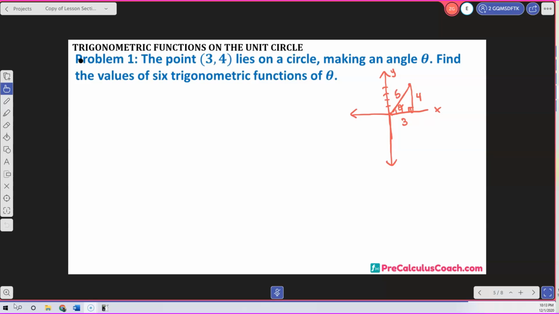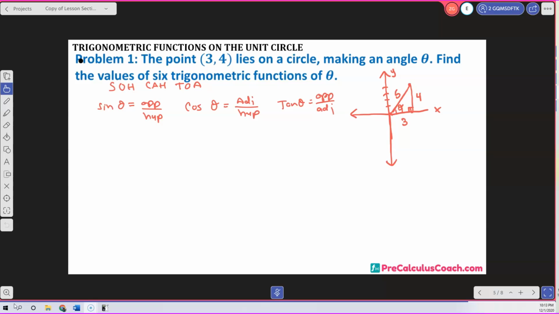So now we're going to find the 6 trig functions. In this case, we have sine of theta. And remember the mnemonic statement that I asked you to memorize: SOH CAH TOA. Sine is opposite over hypotenuse. Cosine of theta is adjacent over hypotenuse. And tangent of theta is opposite over adjacent.